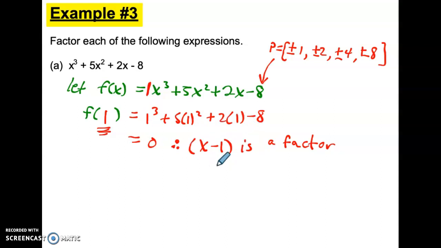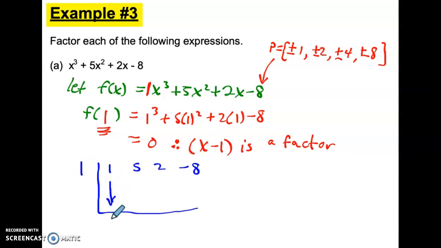And now that we know this is a factor, we know that it will divide out nicely out of this cubic. So step 2 is going to be to actually do the synthetic division. So we're going to divide our cubic here by the divisor that we just found.